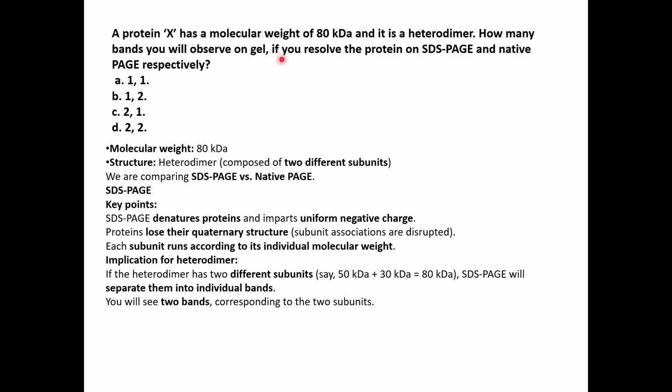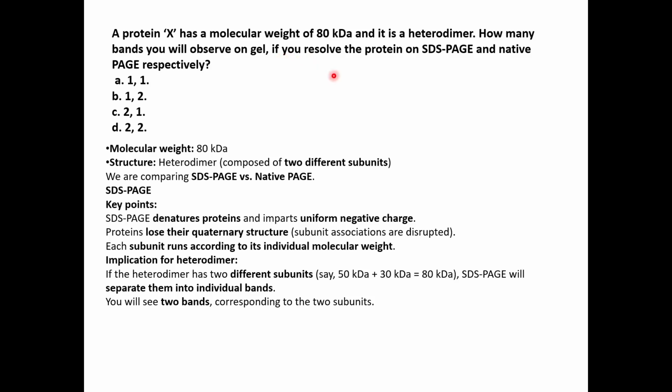So what it results in is, if the heterodimer has two different subunits, say for example a 50 kilodalton subunit and a 30 kilodalton subunit, two individual bands will appear. And in case of native PAGE, since it does not denature the protein or the quaternary structure, you will see only one single band at 80 kilodaltons.